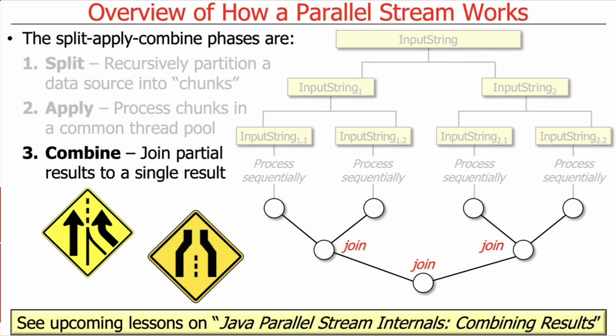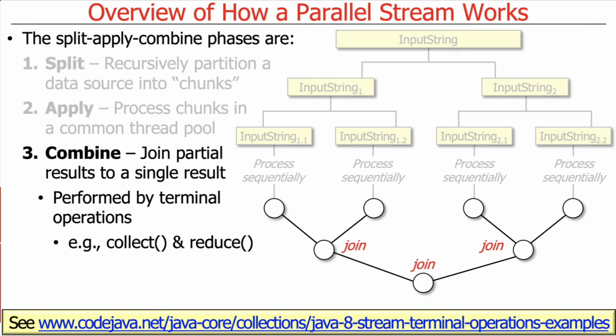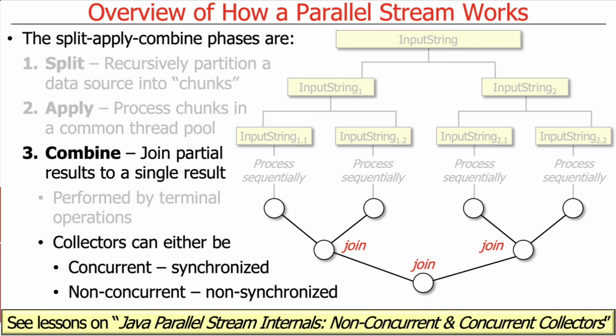And then the third and final phase is the combine phase, where we take all the partial results and join them together, sort of recursively, working out of the recursion to get back to where there's only one single combined result. This is typically done by terminal operations like collect or reduce, which we have talked about and will talk about more later.